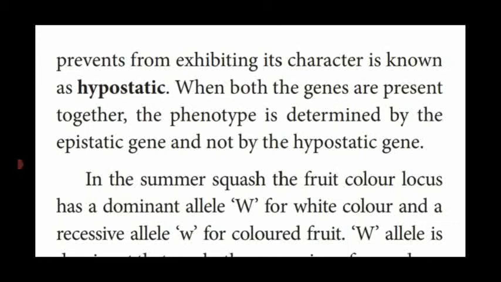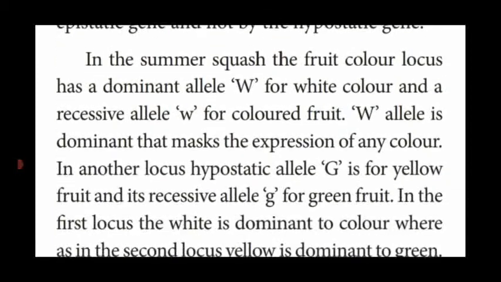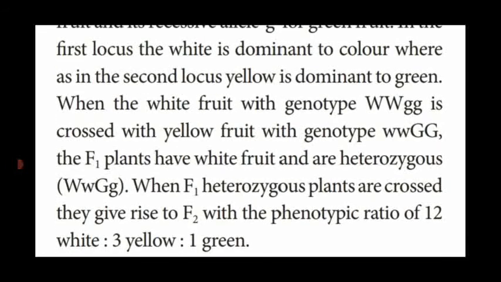So that's why the color of the fruit is determined by the dominant white color, with the genotype capital WW with small gg. So the ratio of dominant epistasis is 12:3:1.